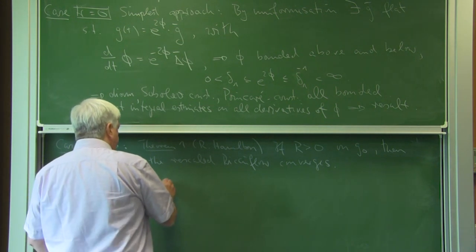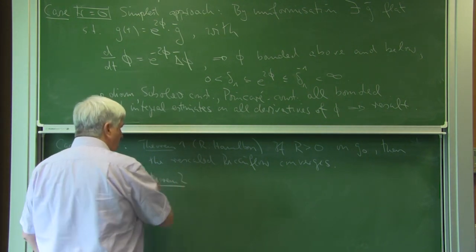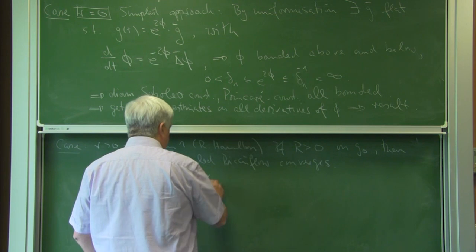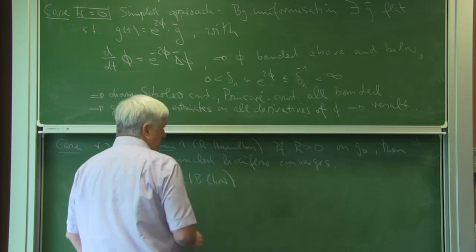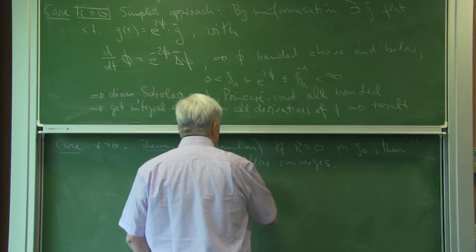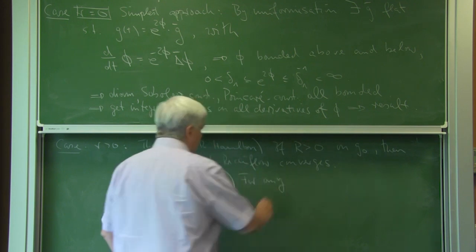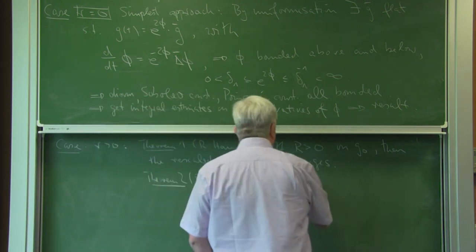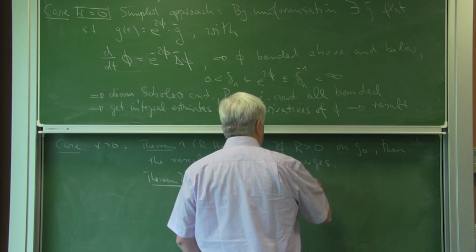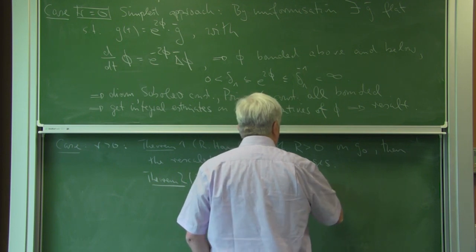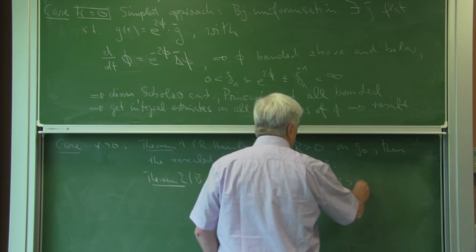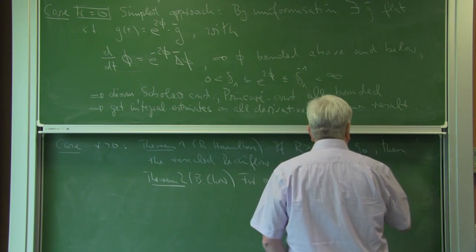And the remaining case, which was proven by Ben Chow, for any g0 with little r greater than 0, same result.